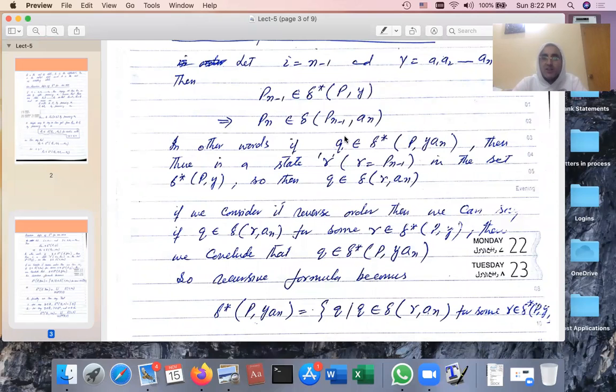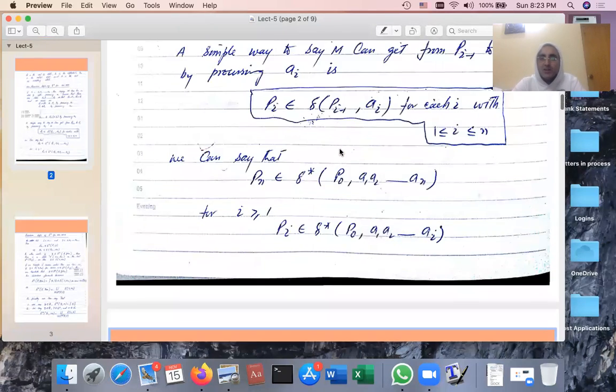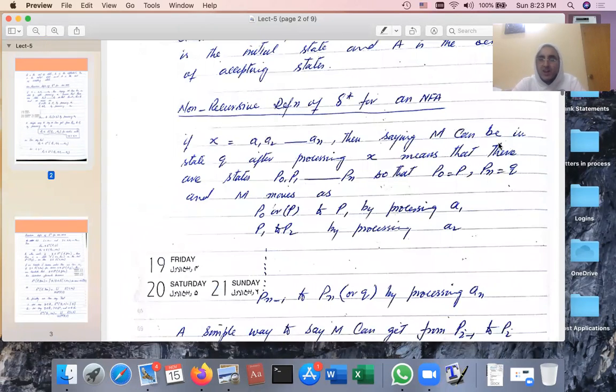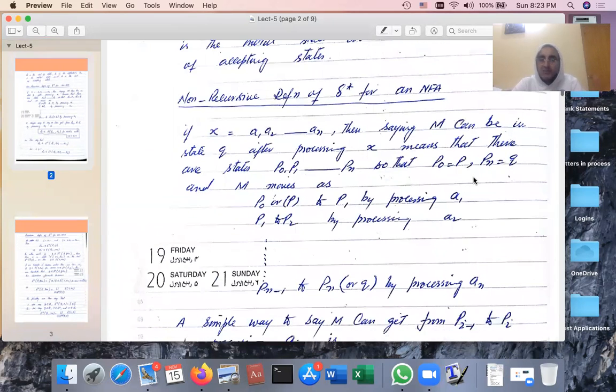If q belongs to delta star of P comma yAn, where P is my P0 or initial state, and y is a string one step behind, up to the second last symbol, and then An is the last input symbol that I have to process, and where I can reach q. And q is what? According to my previous discussion, I have said that this q is my Pn.